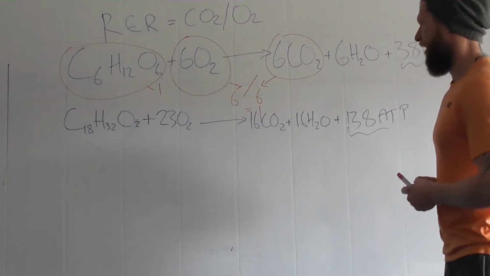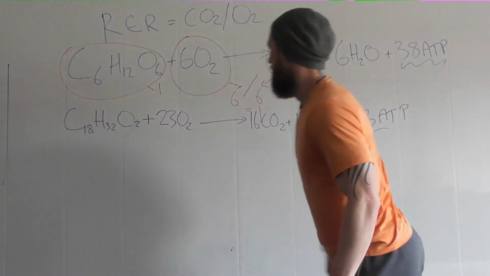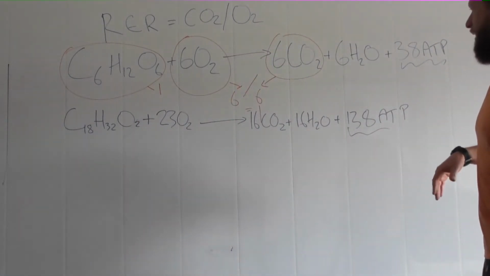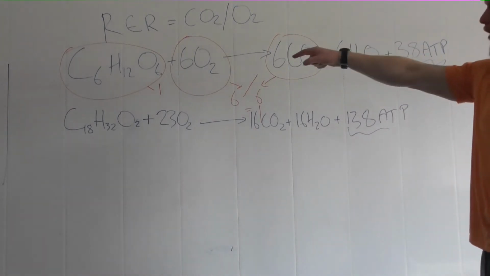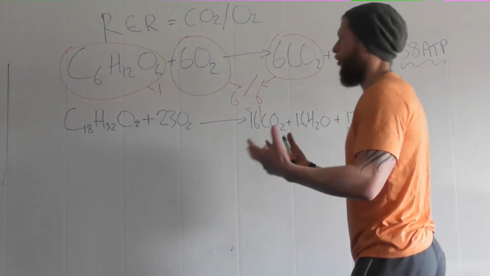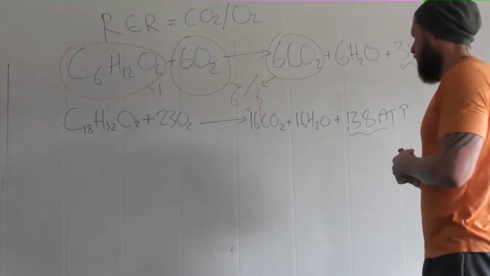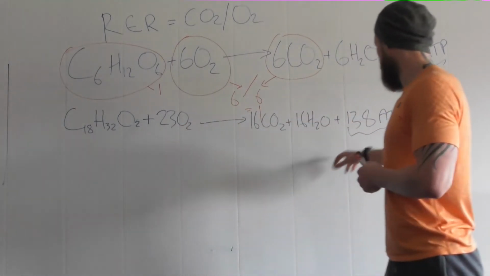So what do you notice here? Firstly, fatty acids give us much more energy than carbohydrates do per molecule, if you will. But what you also notice is that it requires a lot more oxygen in order to produce that energy.